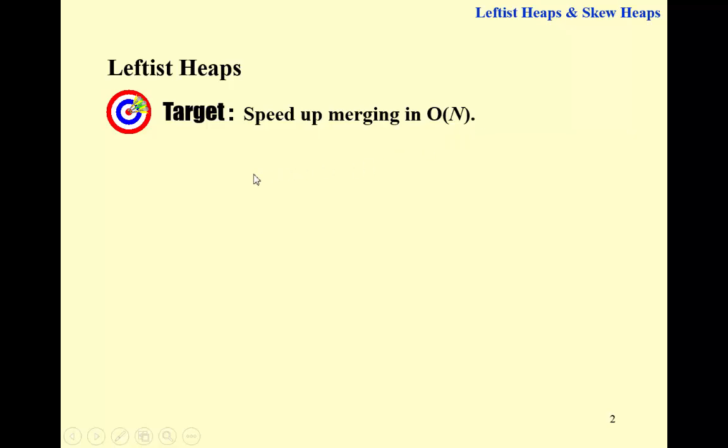First of all, let's have a quick review about the structure of an ordinary heap. There are two kinds of properties that a heap must have. The structure property means that it's stored in a complete binary tree.